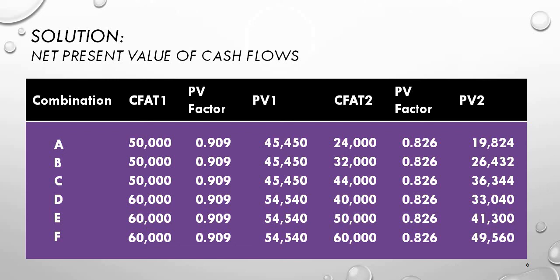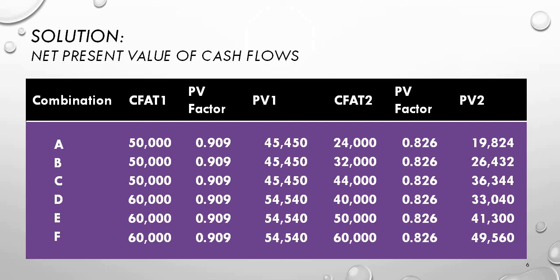Now let us discuss second year cash flow after tax. Combination A, 24,000 into present value factor 0.826, the present value will be 19,824. Same for B, 32,000 into 0.826, 26,432. Combination C, 44,000 into 0.826, 36,344.